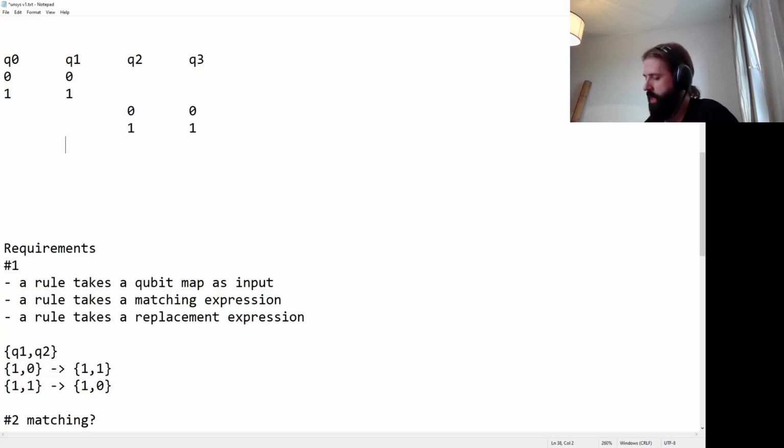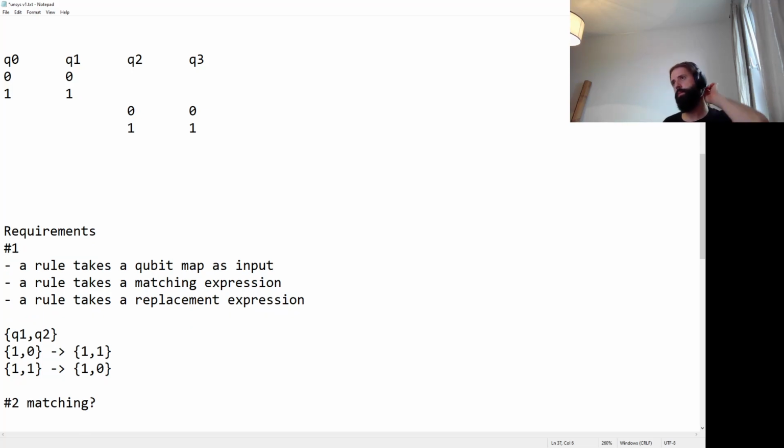No, that's not what happens, right? Although, because essentially, these represent a correlation between Q0 and Q1, a correlation between Q2 and Q3.